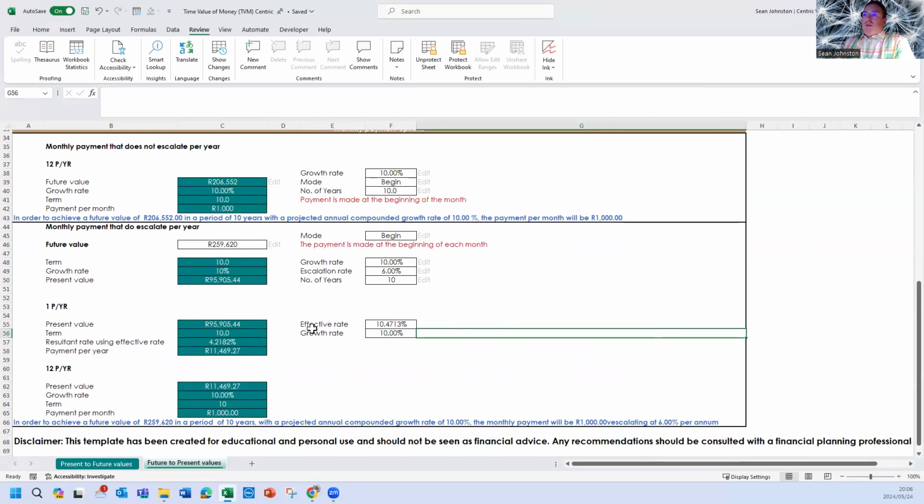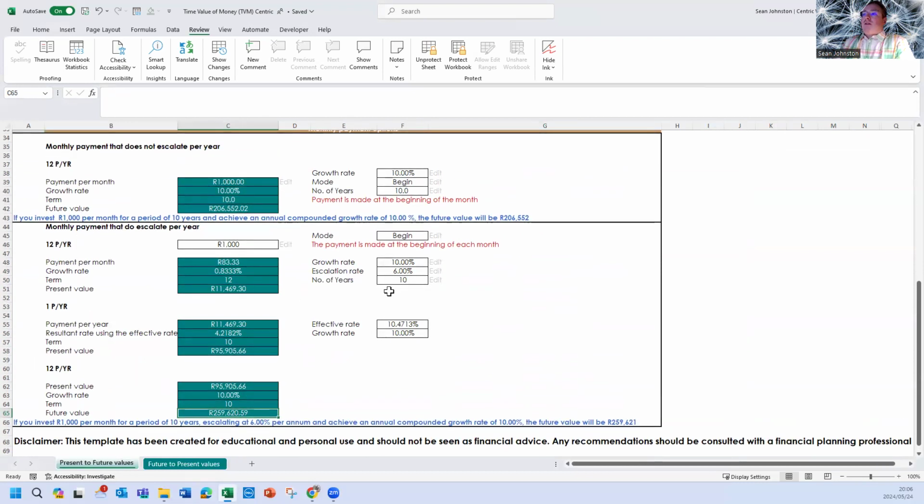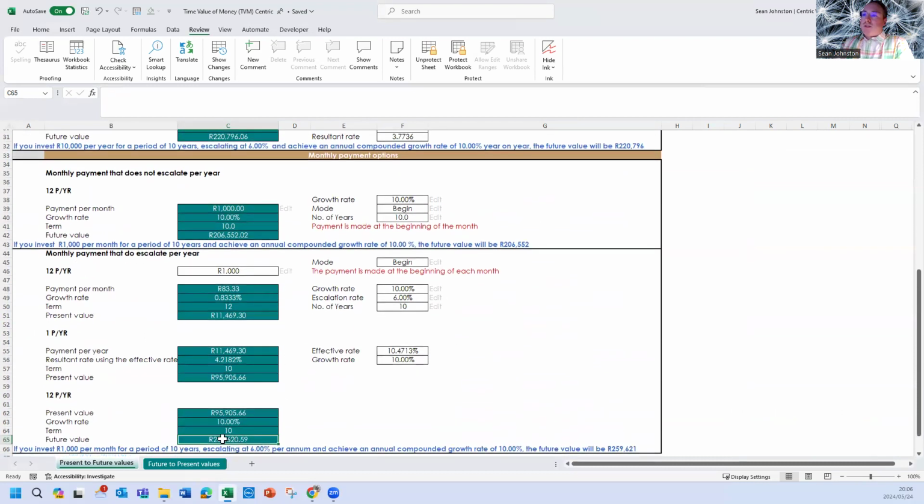Now, this is important because when you're looking to calculate future values, you need to factor in inflation always. If you don't factor inflation, this is the difference. If you make the same contributions without escalating it, you finish on 206,552 over 10 years. If you do factor in the escalation in line with inflation, you have 259,620.